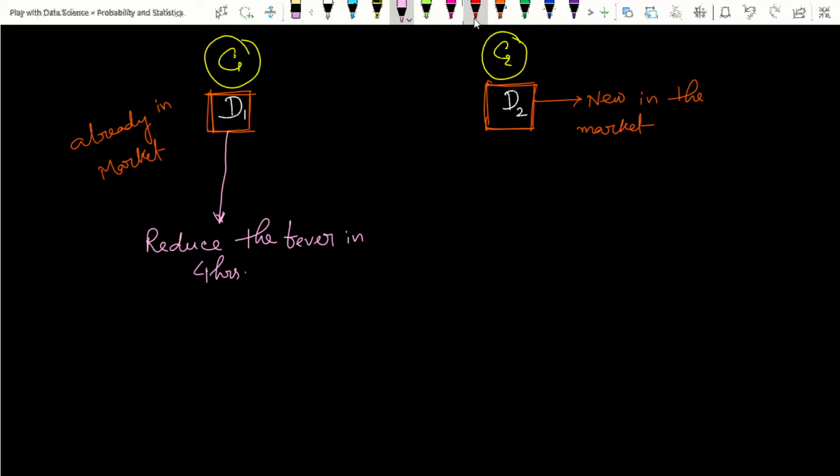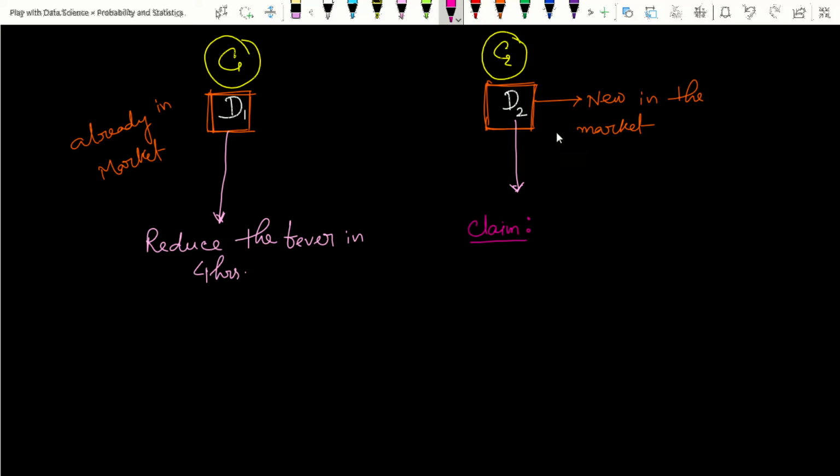Drug 2 is new in the market. The company that built it claims that drug 2 will reduce the fever faster than drug 1, which reduces it in 4 hours.